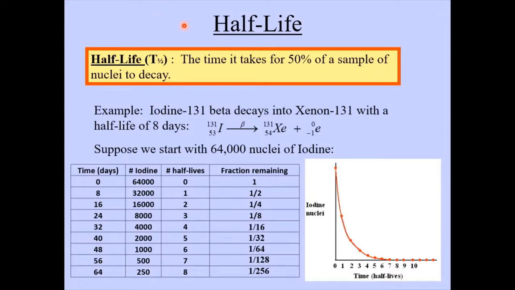One of the concepts that has to do with radioactivity is the idea of half-life. And the actual study of half-life comes from statistics. The reason for this is that when we're talking about radioactivity, it's basically impossible to predict when any given nucleus will undergo radioactive decay.